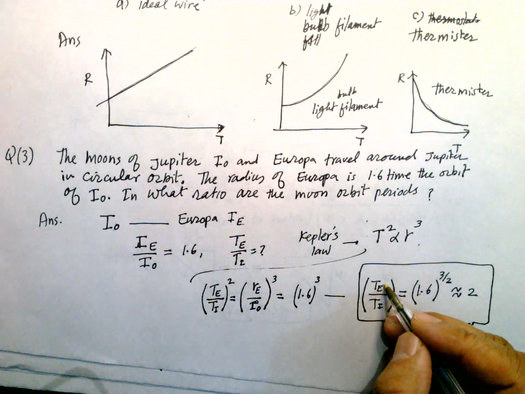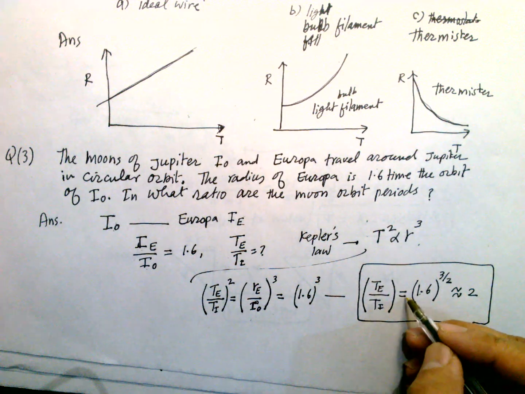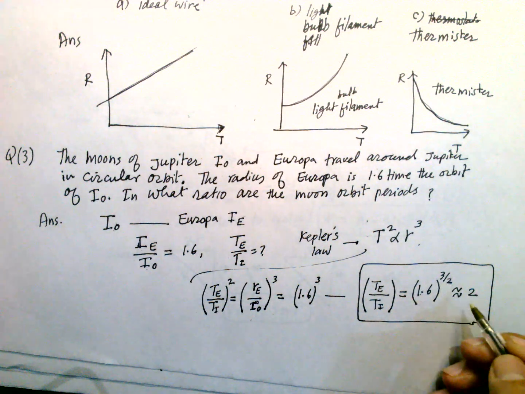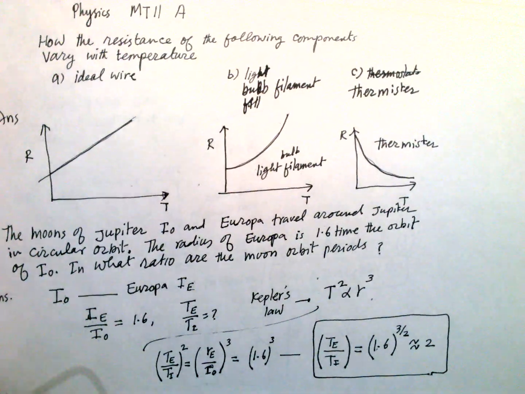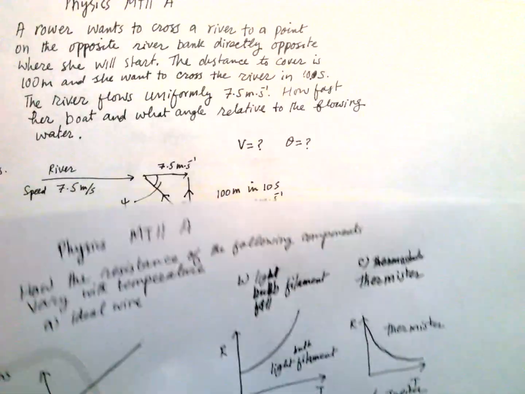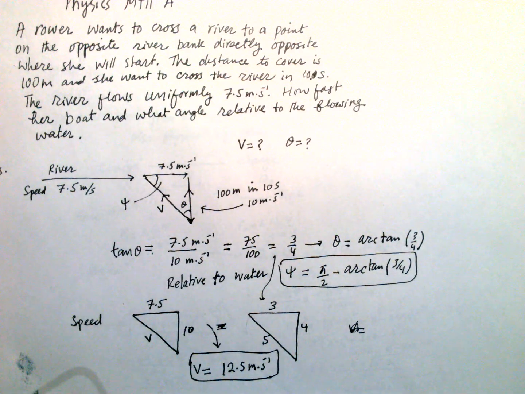Then the ratio of the time periods is equal to 1.6 raised to power 3 by 2, which is nearly equal to double. So the time period will be double.